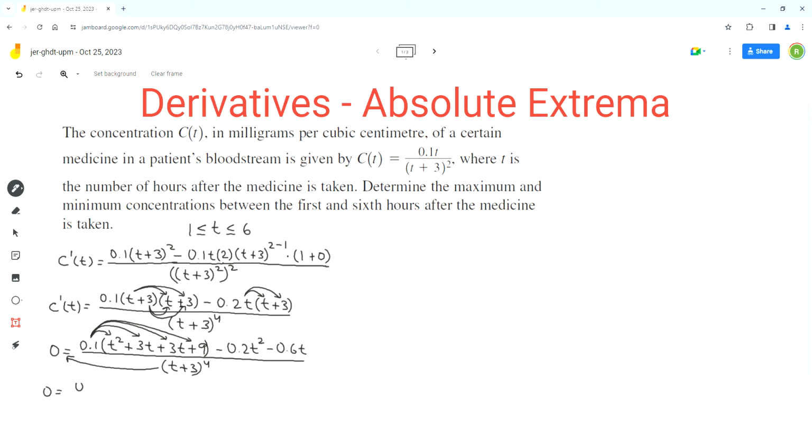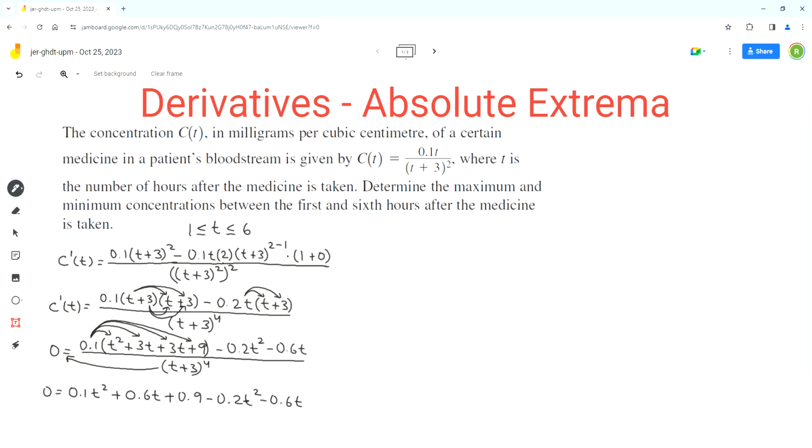So we get 0.1 t squared, and then 3t plus 3t is 6t, so it will be just 0.6t, because 3 times 0.1 is 0.3, and then another 0.3, and then plus 0.9, and then minus 0.2 t squared minus 0.6 t.